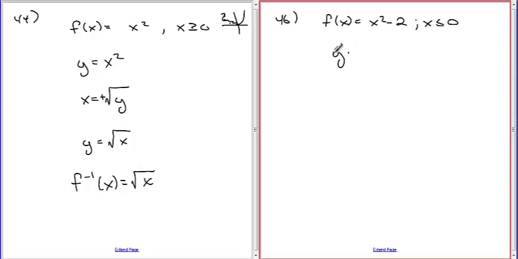So you say y equals x squared minus 2, add 2 to both sides, take the square root, so you get x is equal to the square root of y plus 2, and something just doesn't seem right.